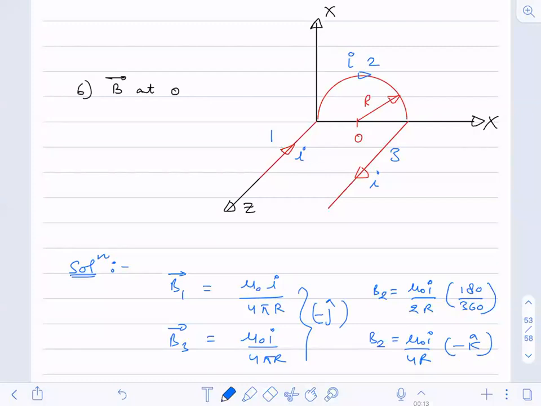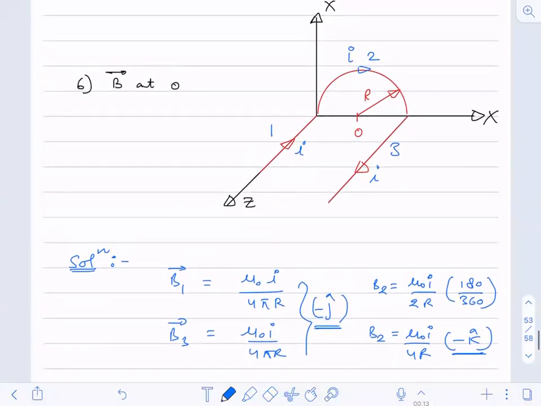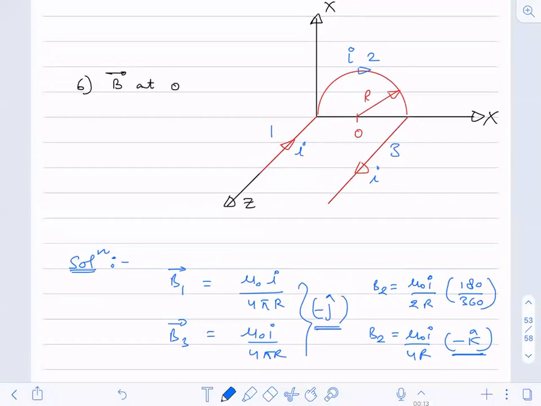It is 2D, that's why we see it going into the screen, but it is actually kept along the xz plane. So this will be along minus j and this along minus k. This will be the magnetic field due to this configuration at point O. Fine.